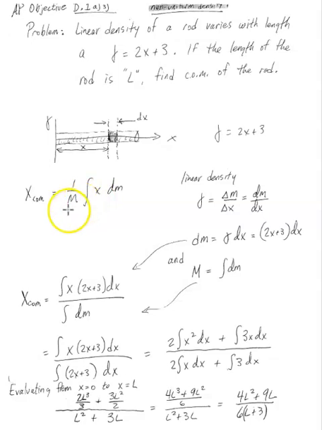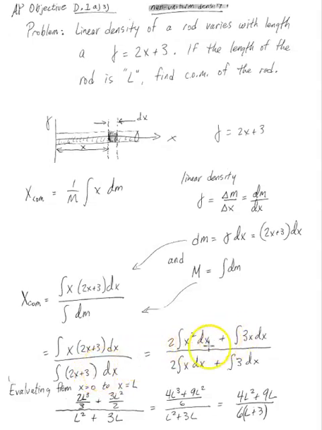And 1 over m is not just a number, it's the sum of all the incremental pieces of mass. So that's the integral of dm, which is my total mass of the rod. And dm, I see over here, is 2x plus 3 dx. So x dm is x times 2x plus 3 dx, and the integral of dm is the integral of 2x plus 3 dx.